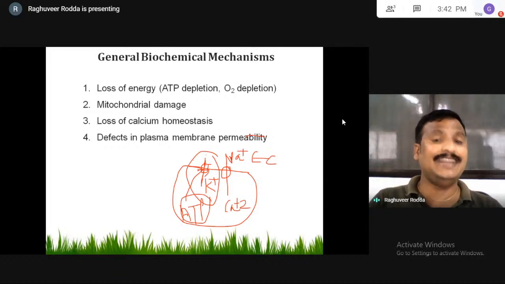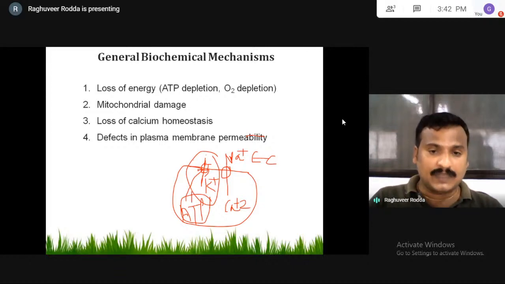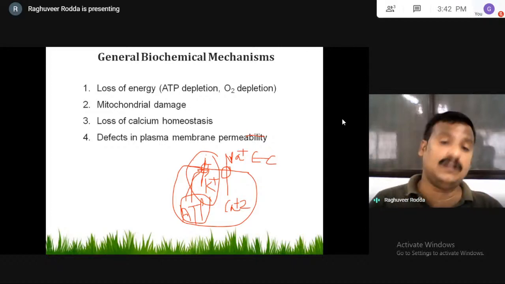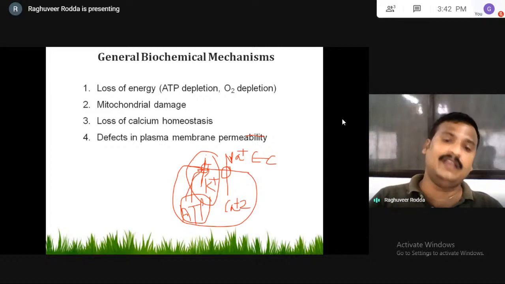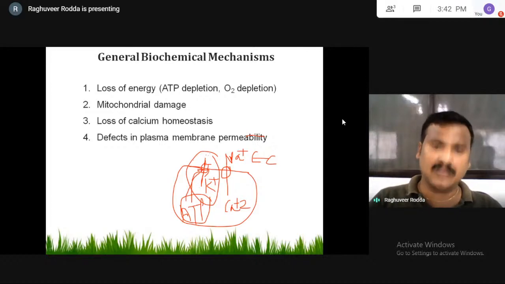Then the ion channel of the sodium potassium ATPase pump opens, and along the concentration gradient, sodium and potassium move between intracellular and extracellular regions. So as the ATPs are lost in the injurious condition, these pumps are unable to function.